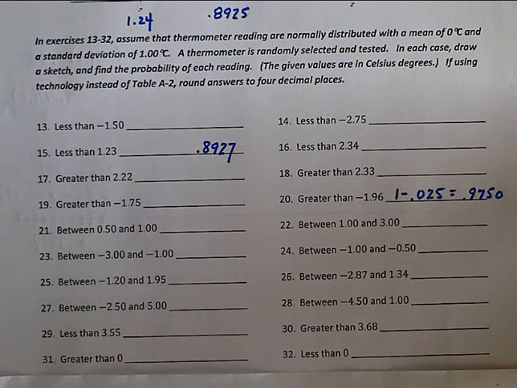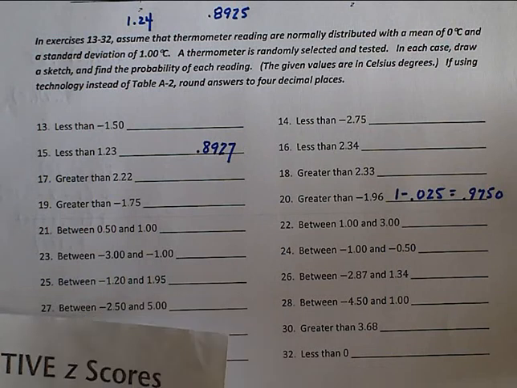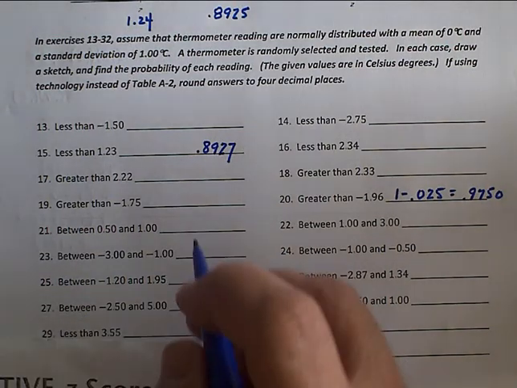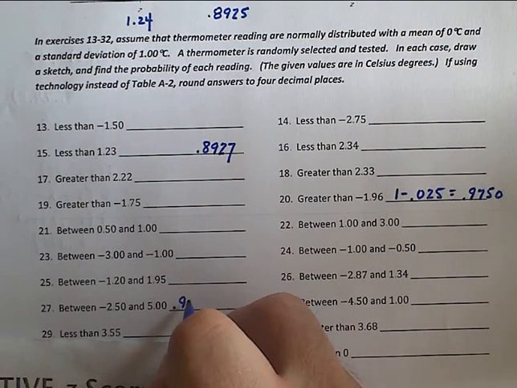So 5.00, they're going to get into some extreme cases. They just want to make sure you're reading the table correctly. 5.00 is greater than 3.5. So according to the table, for anything past 3.5, we're going to use 0.9999.